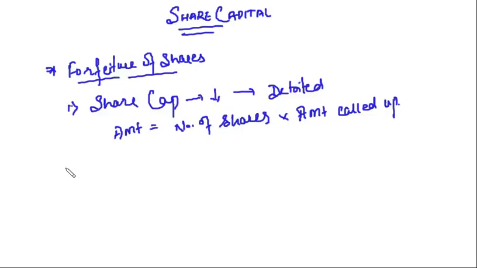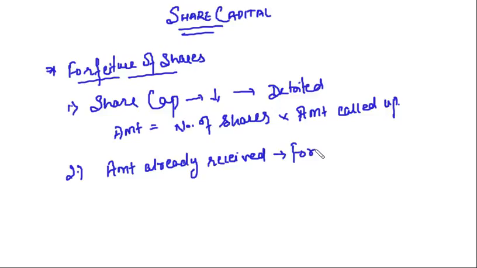Then, what is the second one? Amount already received, that is amount received on application, allotment or some other call, will not be refunded. What will be done? It will be transferred to a separate account known as forfeiture account, or forfeited shares account.